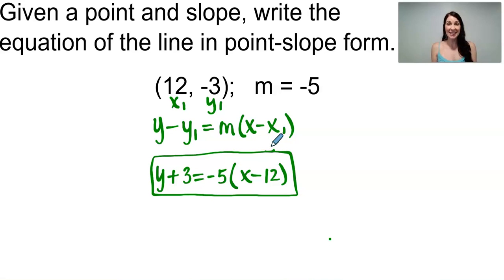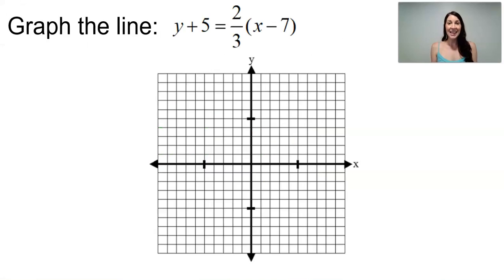Let's take a look at another example that is commonly asked about point-slope form. Here we are asked to graph the line, and the line is given in point-slope form. A lot of times I see students really want to put this into slope-intercept form. So they distribute the 2/3 and they subtract the 5.